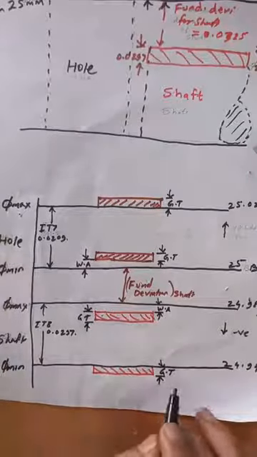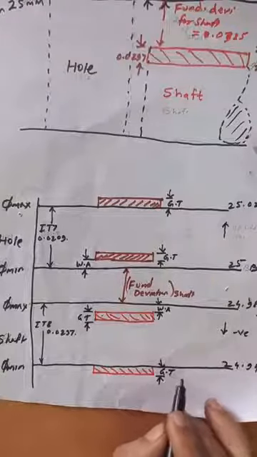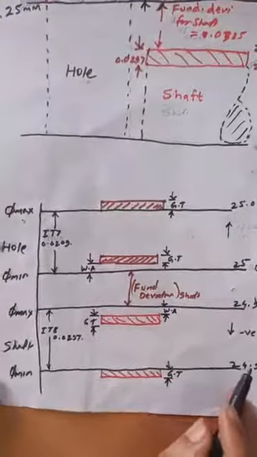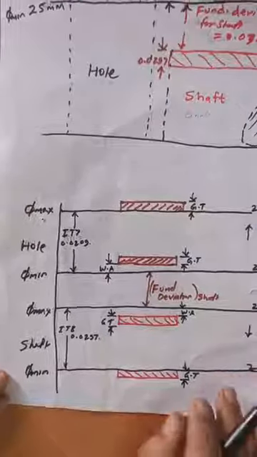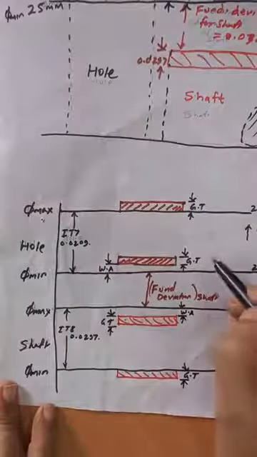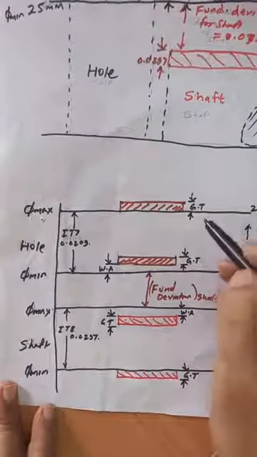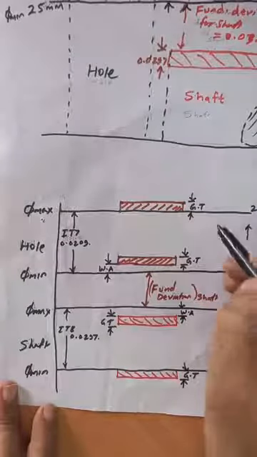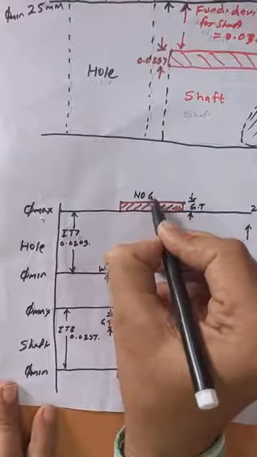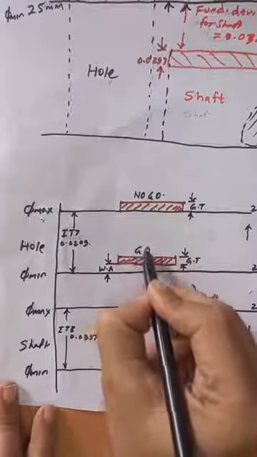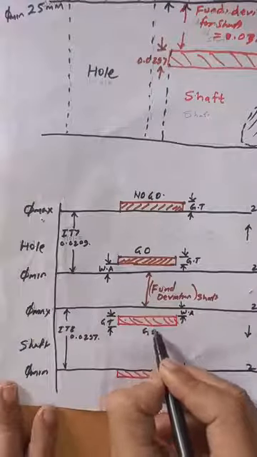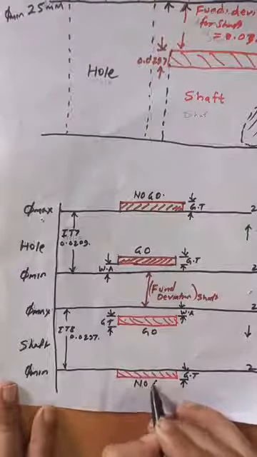Okay, so this is how we have to draw the figure for design of limit gauge. So from here you can design the limit gauge by taking this as the maximum and minimum size. This is the no go gauge for hole, this is the go gauge for hole, this is the go gauge for shaft, and this is the no go gauge for shaft.